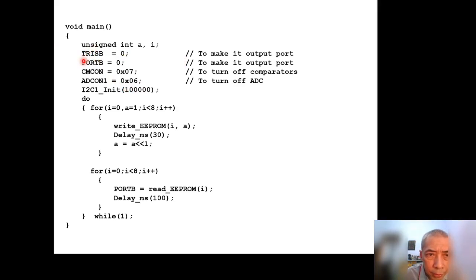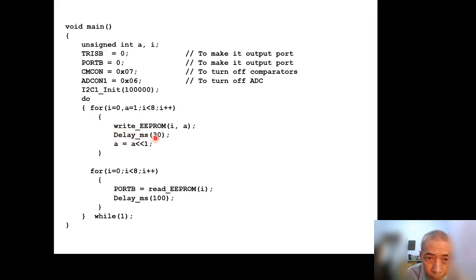In the main itself, as you can see, we have to store the 0 value in TRIS because the output is for port B, the CMCON register, and also the ADC. And then you can initialize the I2C channel 1 to 1 MHz, and then you can write to the EEPROM using this kind of function.